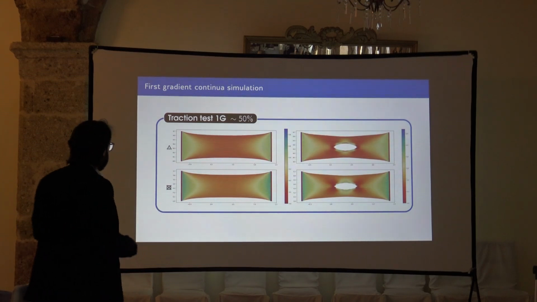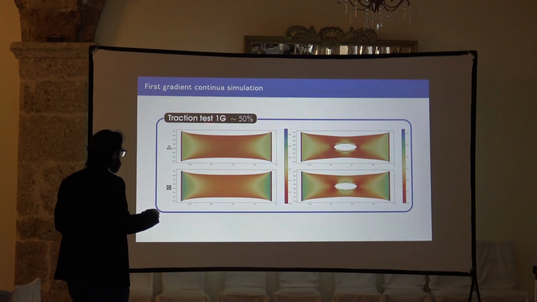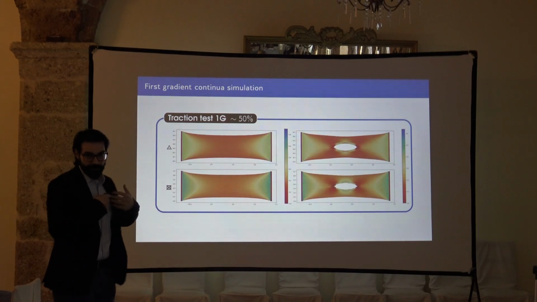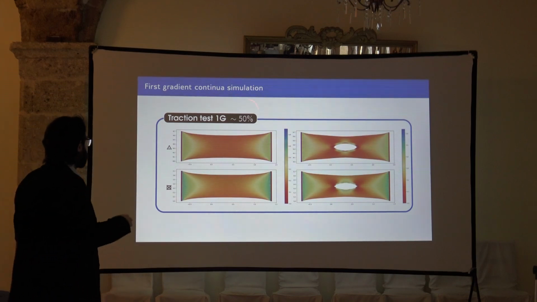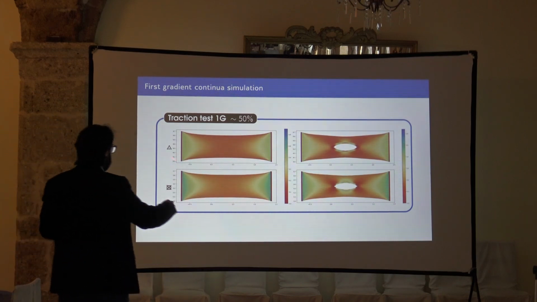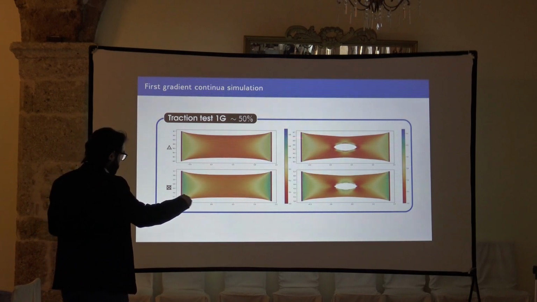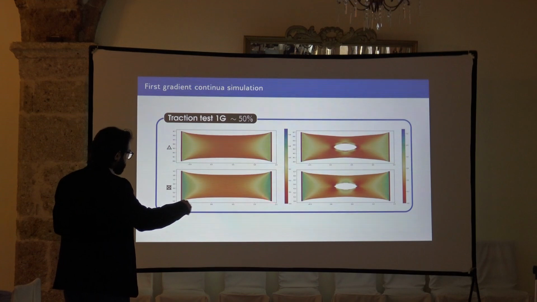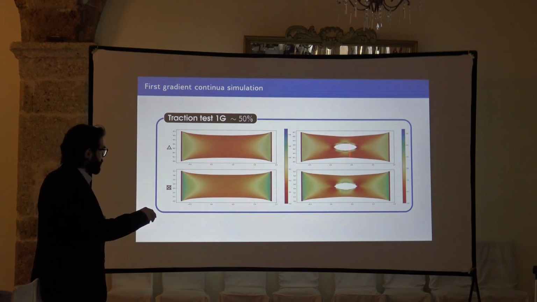So let's see some results. Now we have a traction test, first gradient in our model, in the language I told you until now, with 50% elongation. On the top we have a hexagonal lattice, on the bottom a center square lattice. We used a sample with a hole and without a hole.